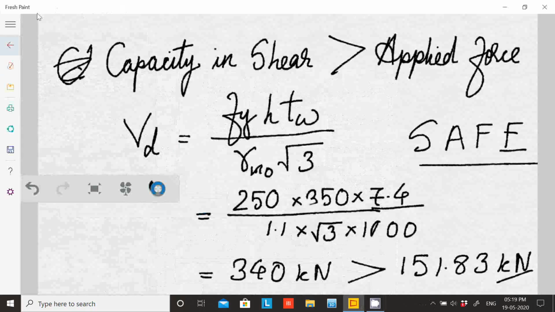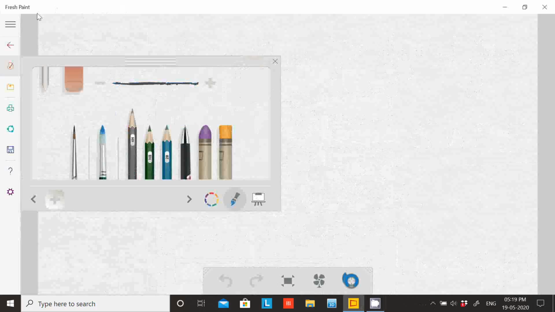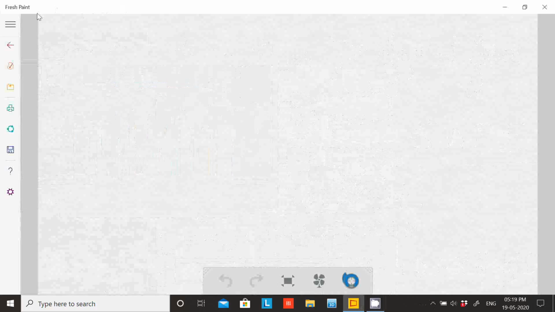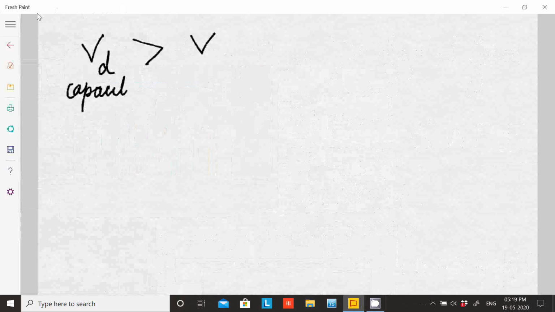Okay, now we should also see that, like, we know that Vd is greater than V, the capacity is greater than the applied force. Now, only this will not be sufficient.